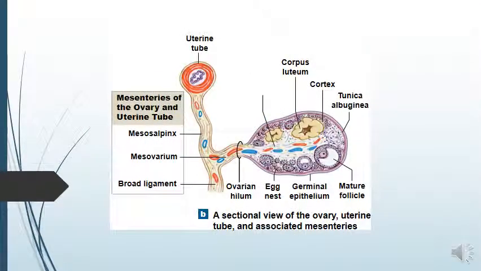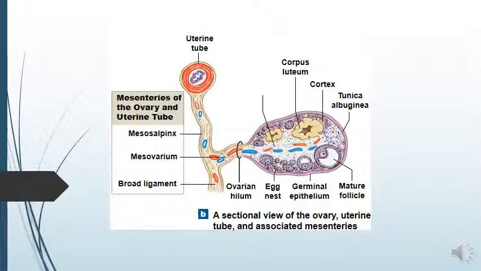If we look at this sectional view of an ovary and the uterine tube and associated mesenteries, you can see the nodular consistency of the ovary. The visceral peritoneum, which is also referred to as the germinal epithelium, covers the surface of each ovary and consists of a layer of epithelial cells that are columnar in shape that overlie a dense connective tissue layer called the tunica albuginea.